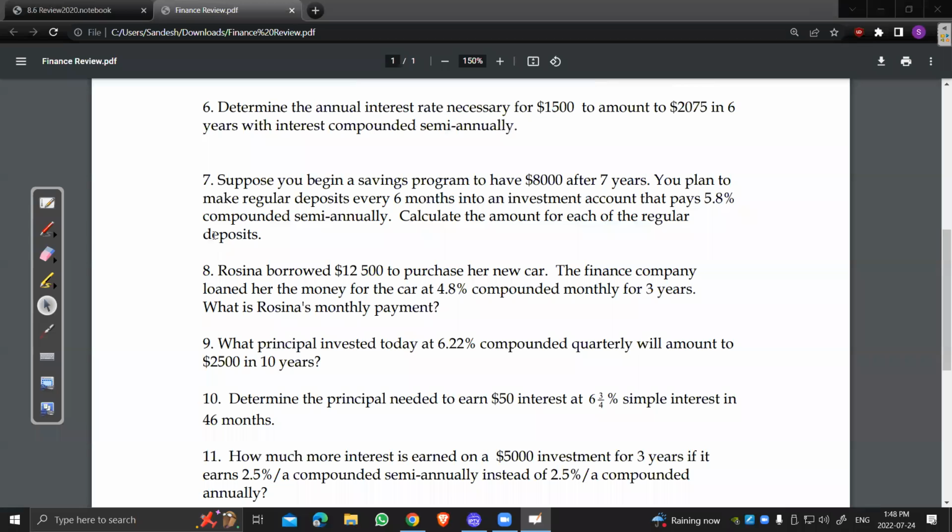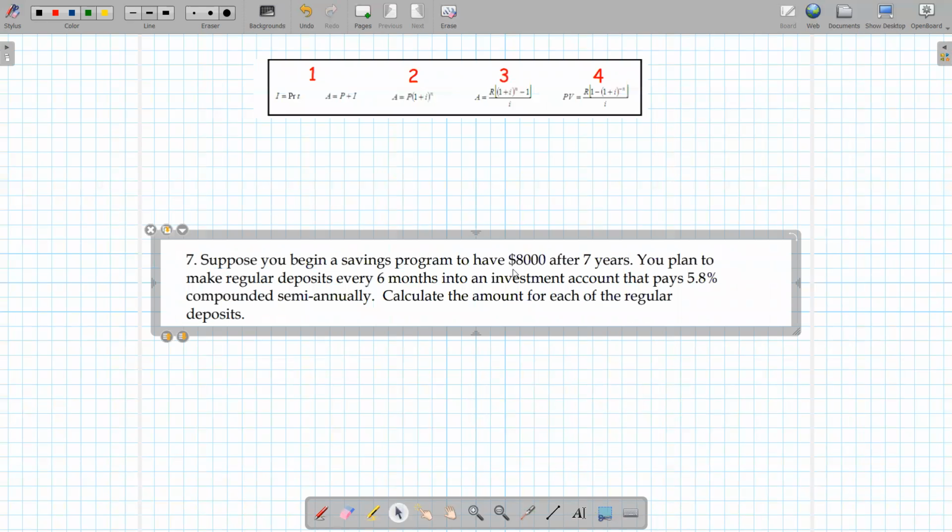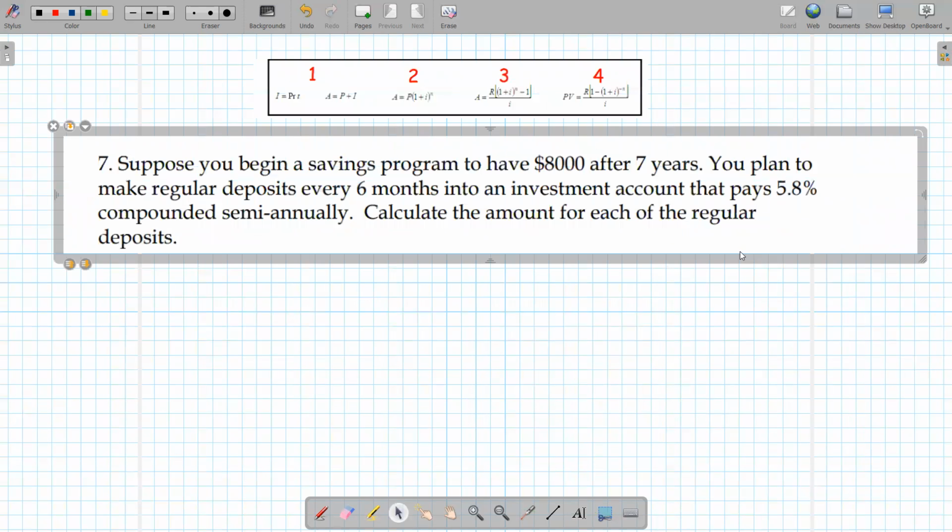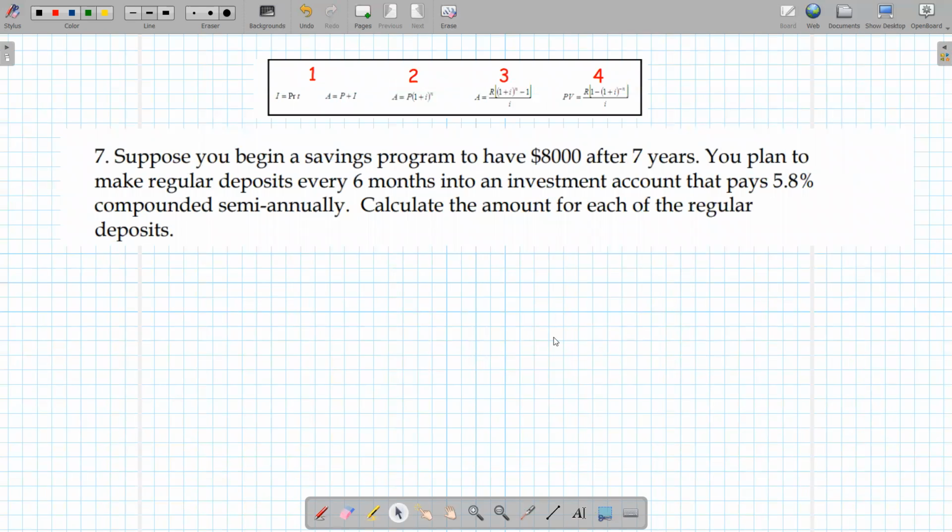That was 8. Okay, what about this one? Future value? Yeah, that's right, because we want 8,000 after that, right? So future value is 8,000.